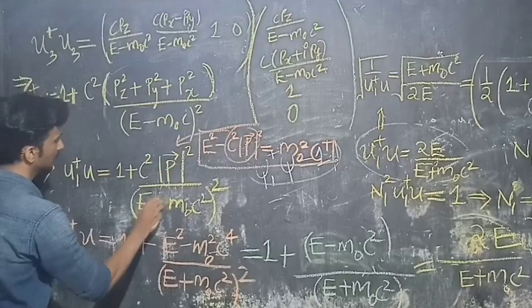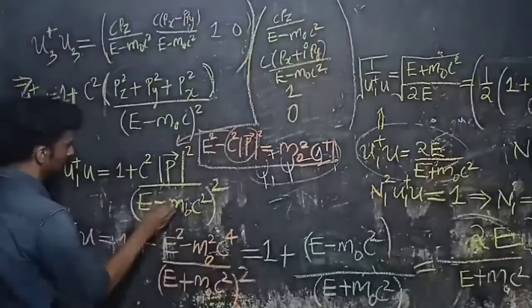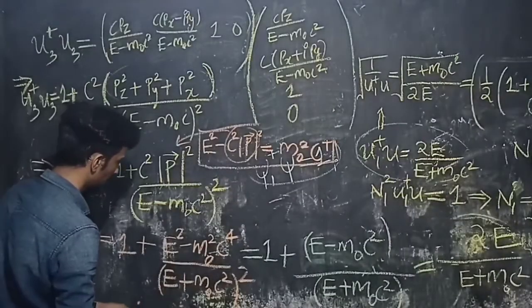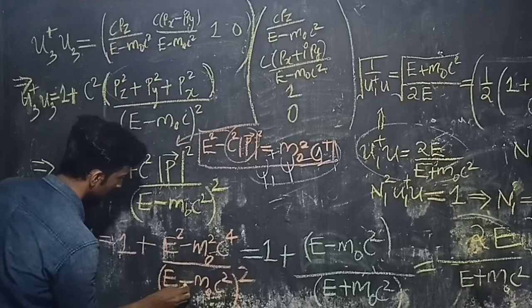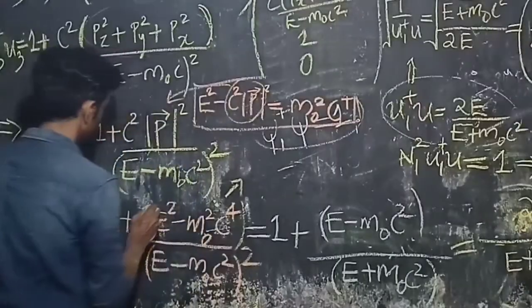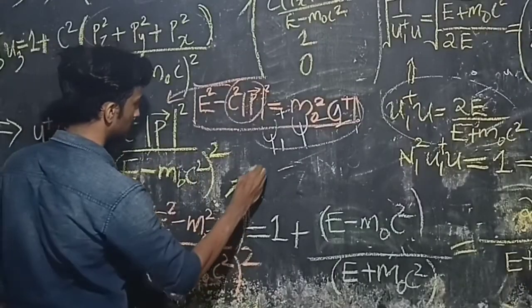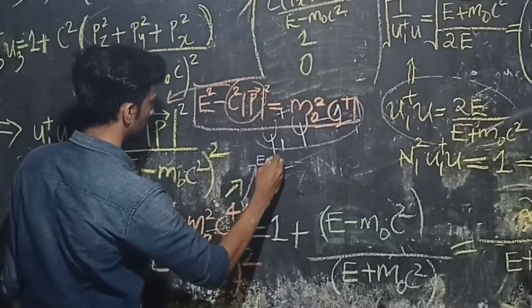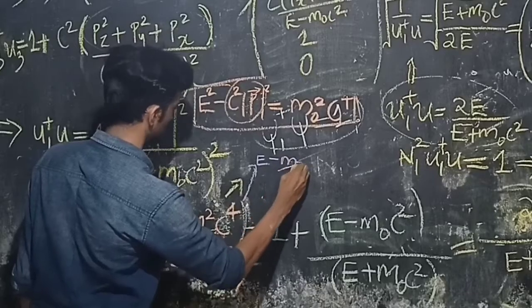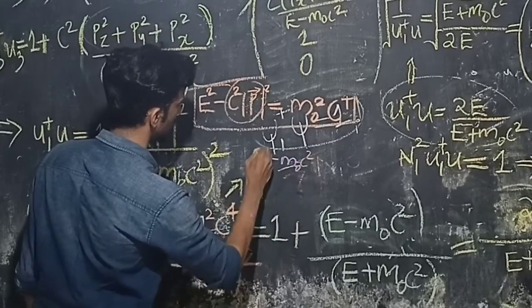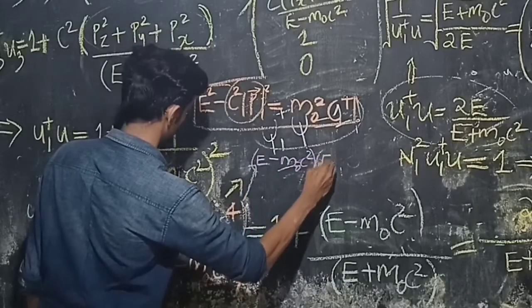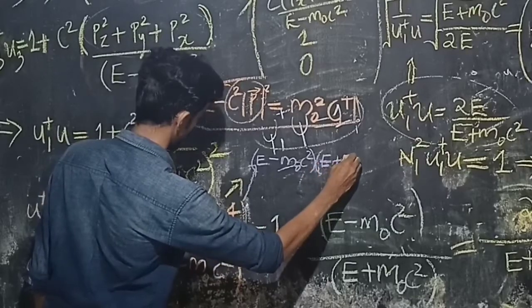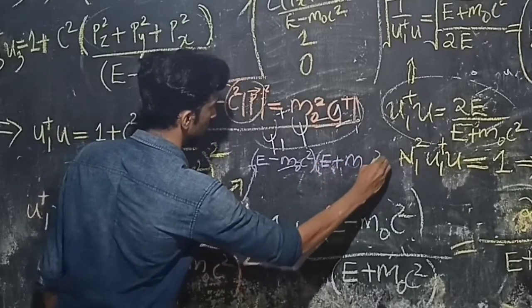But the difference is here the sign is minus. So that gives, here the sign is minus. This equation is actually E minus m naught c square times E plus m naught c square.